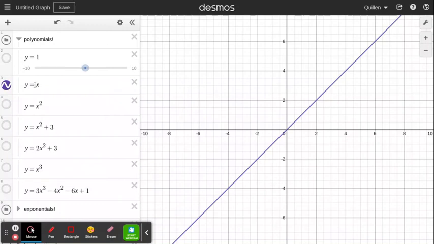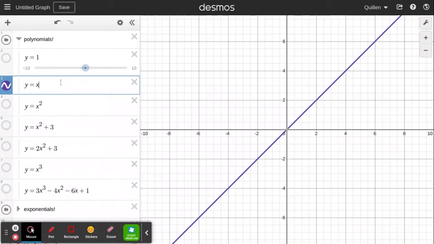So the coefficient right here, multiplying the x, is 1. And you can calculate that by noticing that as it travels vertically, it travels the same distance horizontally. You probably covered that in your Algebra 1 class. It also has a y-intercept at the point 0.